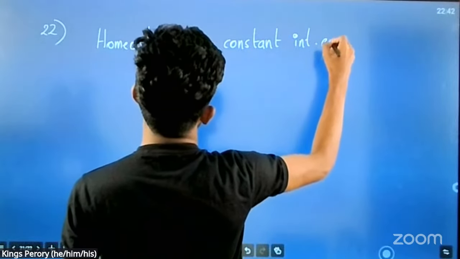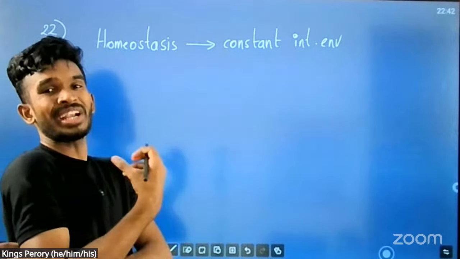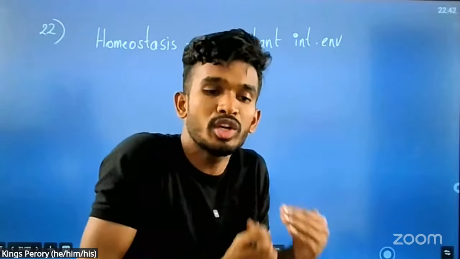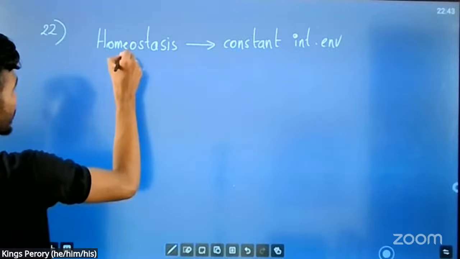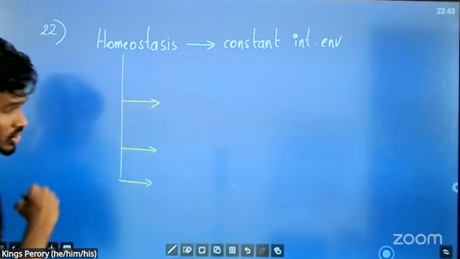So in homeostasis, what are the conditions in the internal environment you try to maintain constant? Three factors.